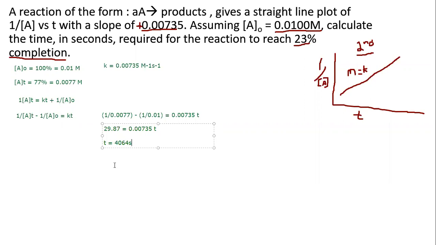So that's how long it will take to reach a concentration where 77% of reactants is left, aka 23% completion.